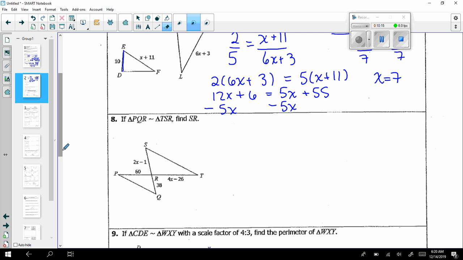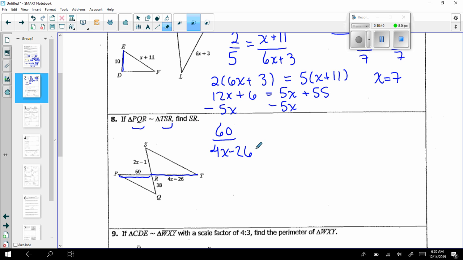All right, so I've got PR is proportional to TR. So this I can't reduce yet because you have to be really careful. See how PR and TR are corresponding? So I would do 60 over 4x minus 26.